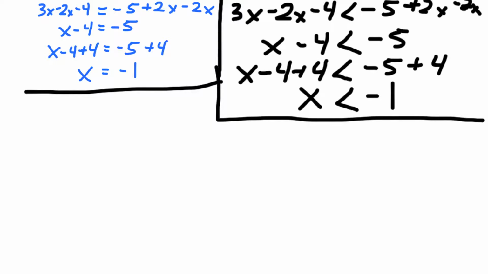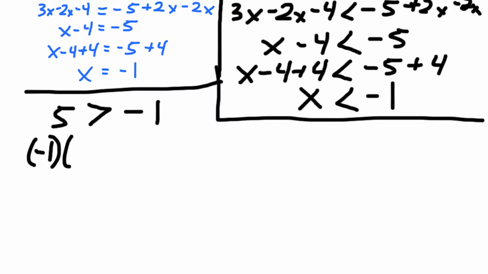There is one really big difference. Outside of that, we will solve inequalities exactly the same way we've been solving equations except for one thing. And that one thing has to do with if we multiply or divide by a negative number. So for instance, if I had 5 is greater than negative 1, and I multiplied both sides by negative 1, or divided, doesn't matter.